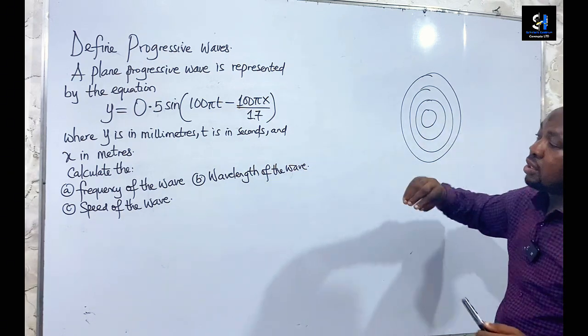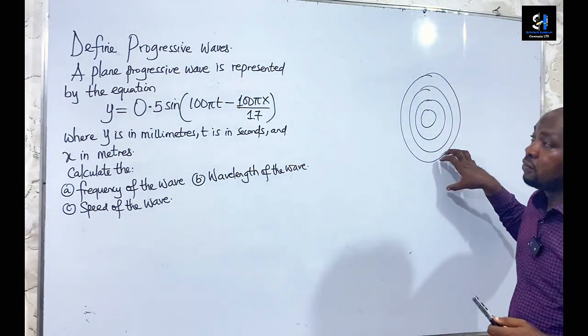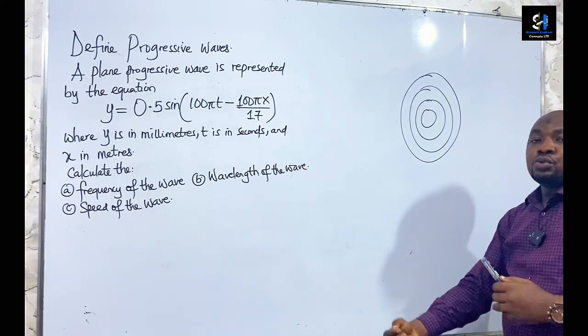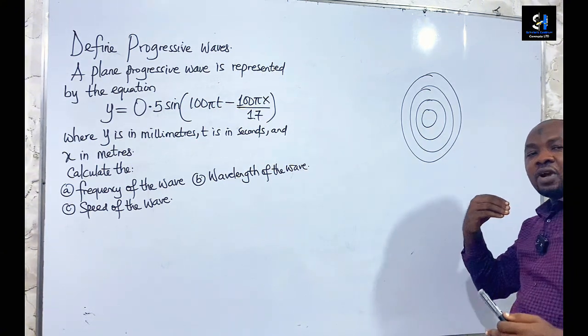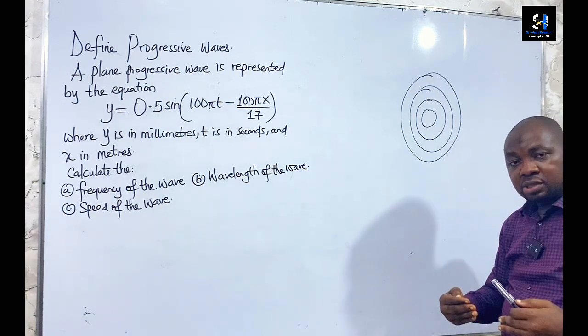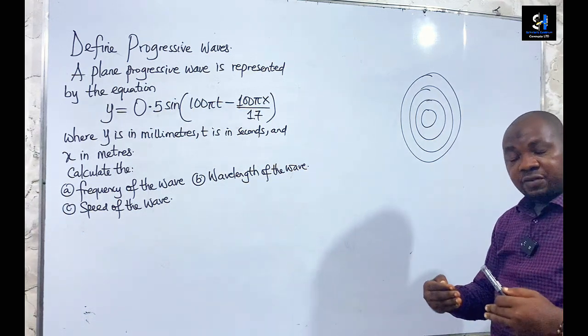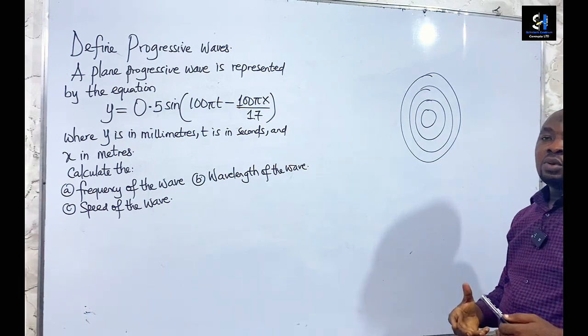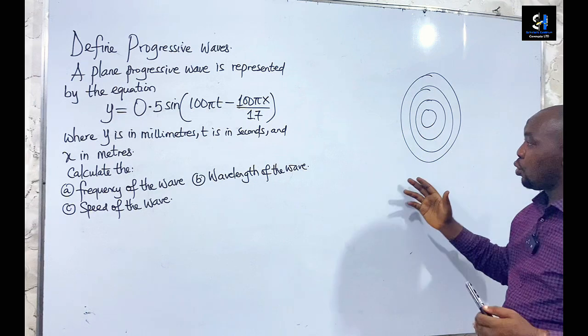So a progressive wave is produced by transferring energy from one point to another through a medium without transferring what we call matter.